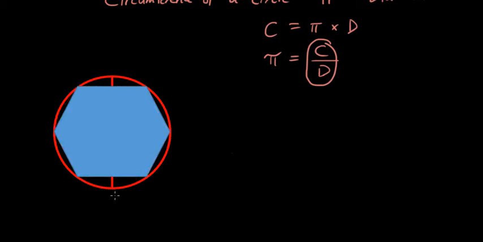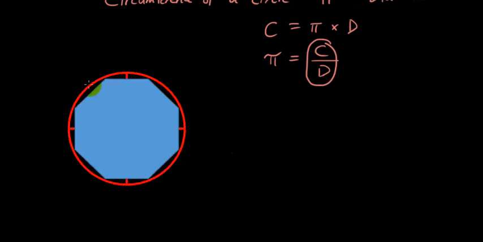So let's now try an 8-sided regular polygon, an octagon. As you can see with an octagon, where all the corners are touching the circumference, the perimeter of the octagon becomes quite close to the perimeter of the circle, but still not the same.